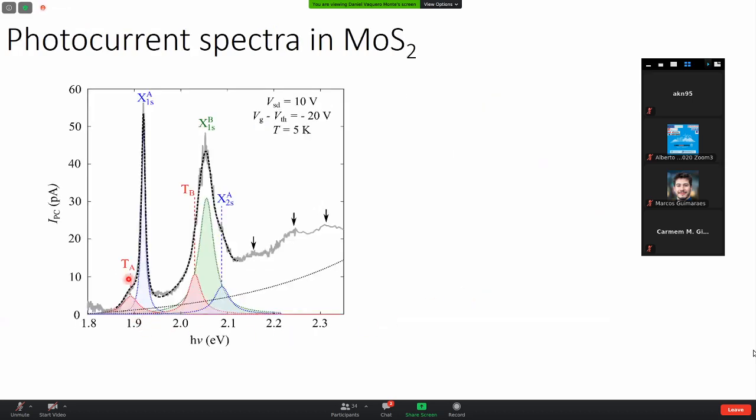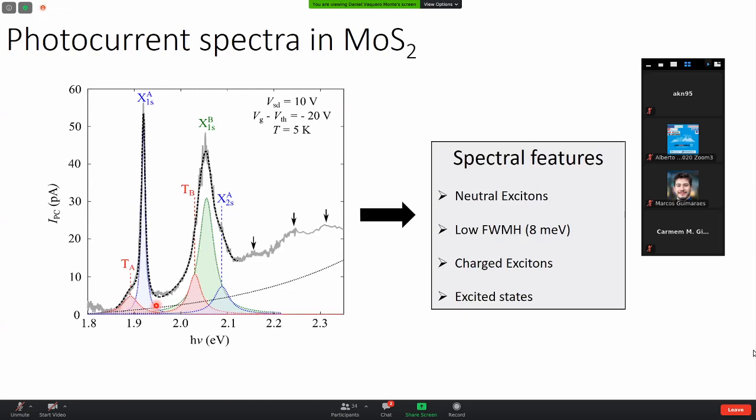Here we have a plot of a typical spectrum that we obtain in the monolayer disulfide phototransistor using low temperature photocurrent spectroscopy. And here we observe that with 5 spectral features plus an exponential background, we can fit our spectra very well. These spectral features we associate to neutral excitons, which are here A and B. Also, the charged excitons or trions, that are plotted in red.